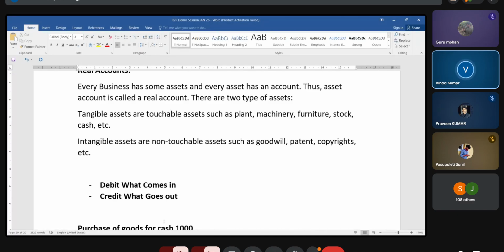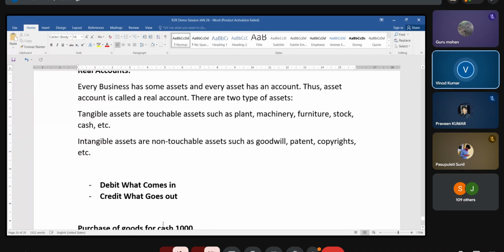Example: land, building, equipment, furniture, office machineries, vehicles. These are all assets that we can touch. Tangible means the physical existence of an asset is there.